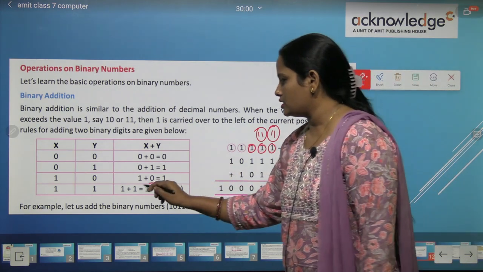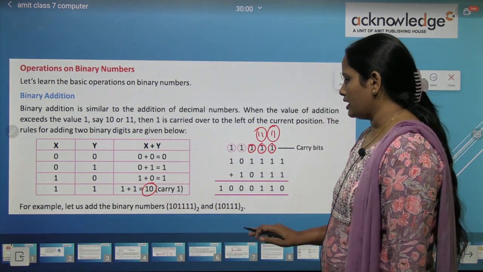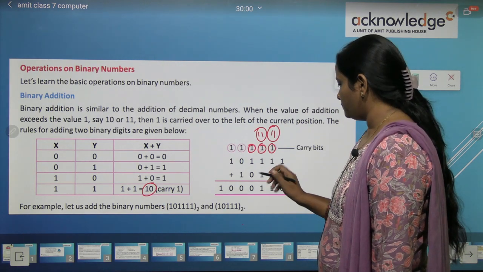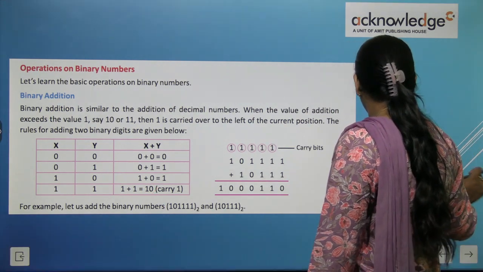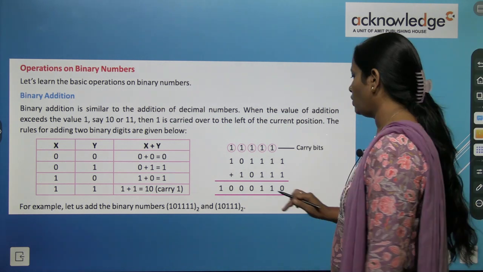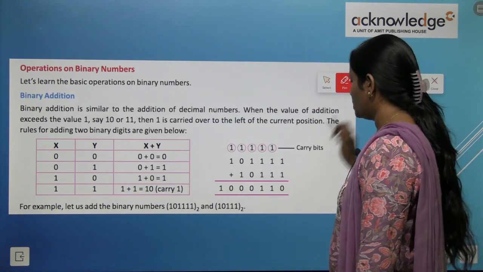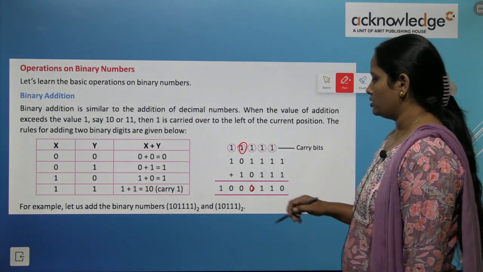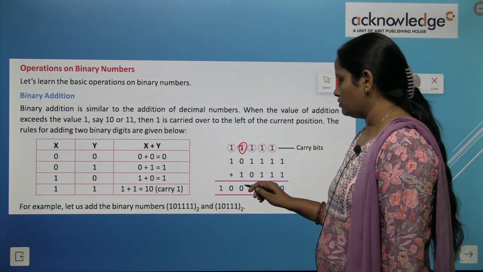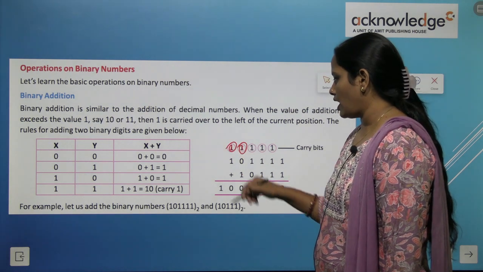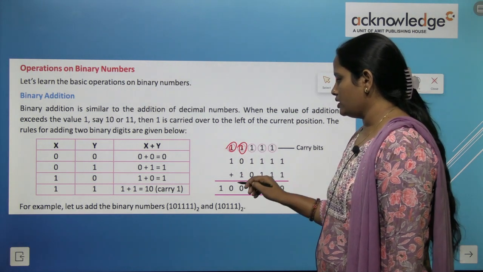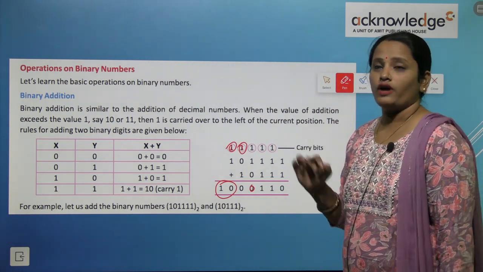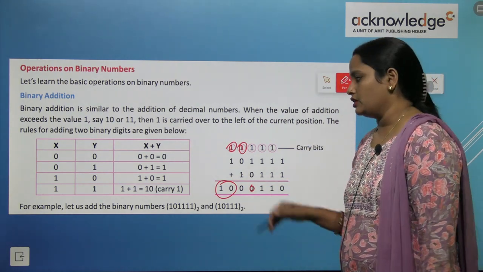It comes again 10 here. So 0 is written here and 1 is carried over to here. Again we are adding 1 plus 1, we get 10, 1 is carried and 1 plus 1, 10. So 10 is written here. So this is the way of adding binary numbers.